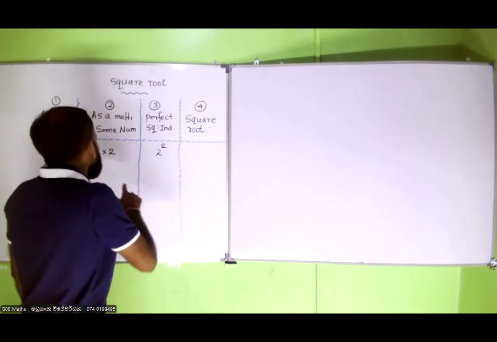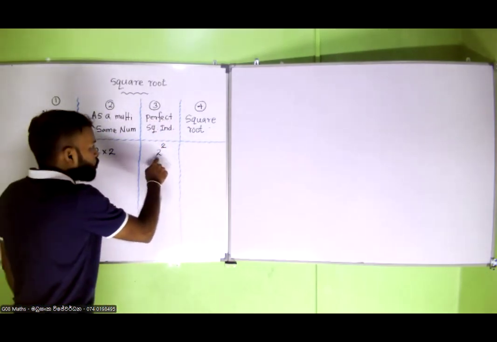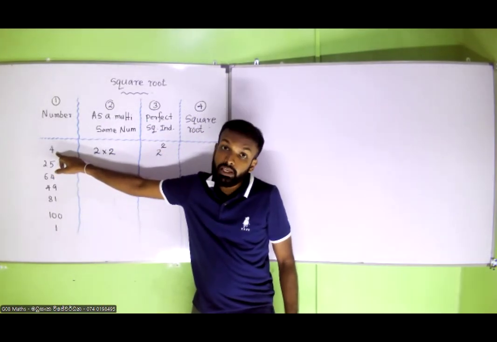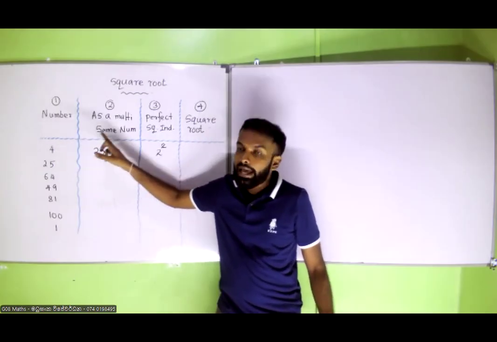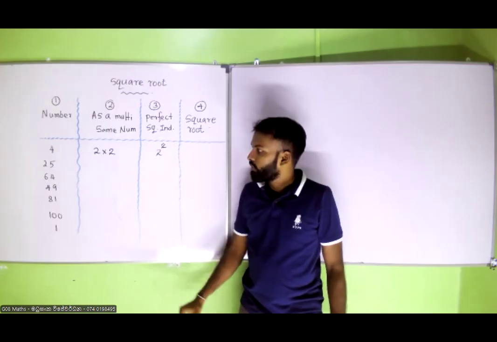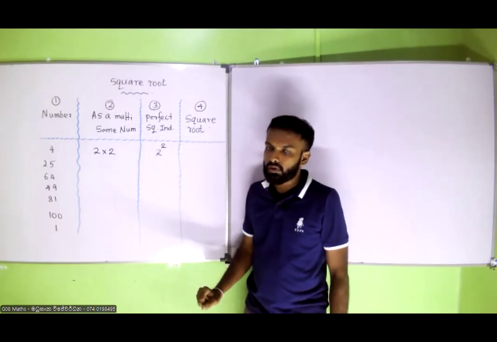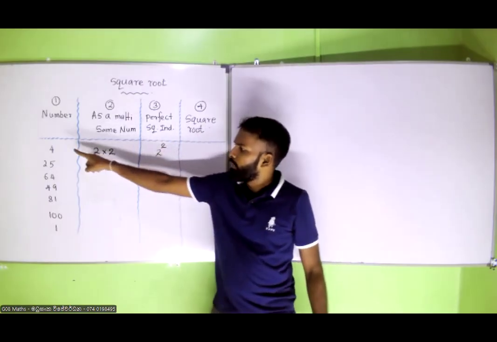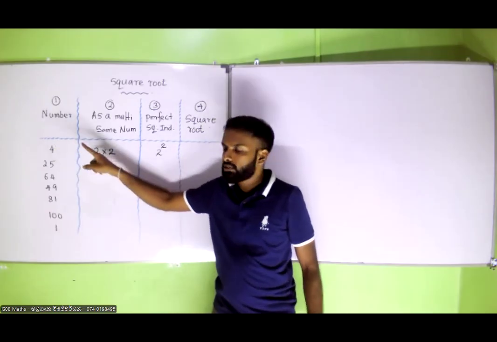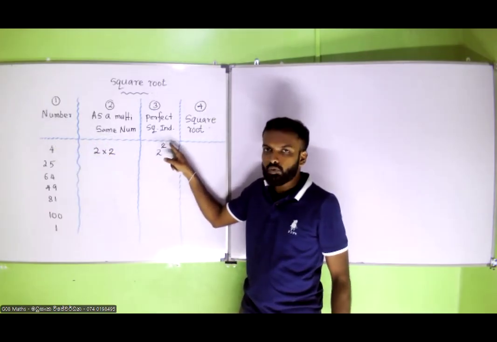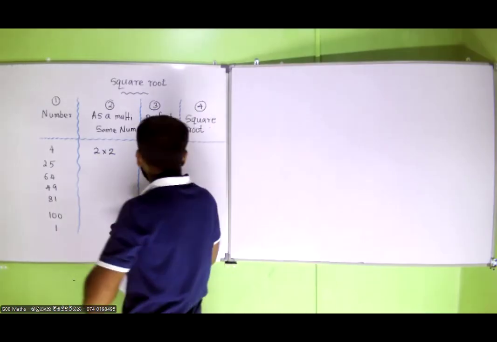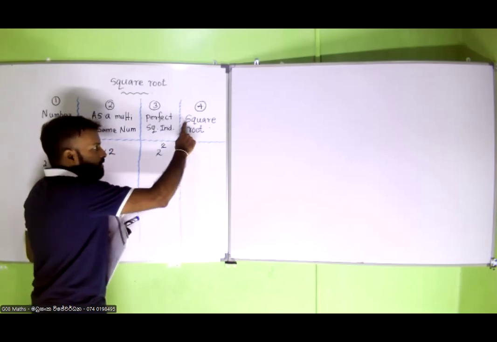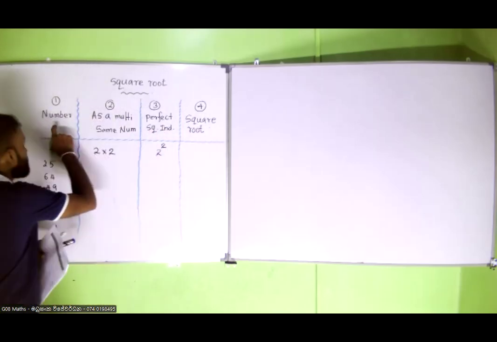So this is 4 and we can write 4 as 2 to the power 2. If we want to obtain the square root of the number, that means square root of 2 to the power 2. Focus on the board, important part. The square root of the number is here.